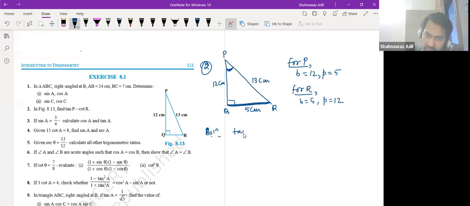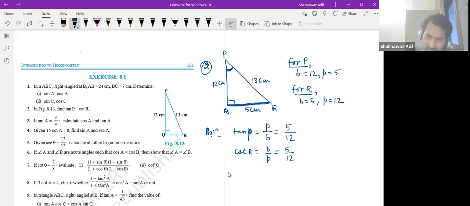So tan P would be how much? This is P by B. Yes, absolutely right. So perpendicular is 5 and base is 12. Similarly, what is cot R? B by P. So for cot R, B is 5 and P is 12.